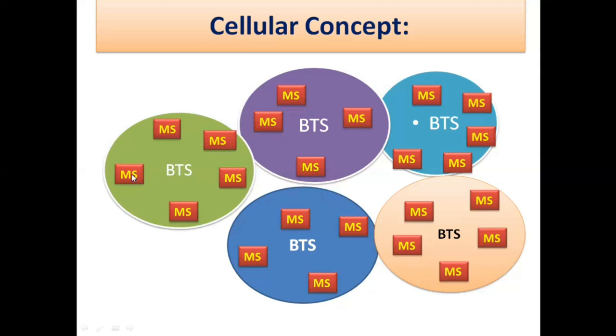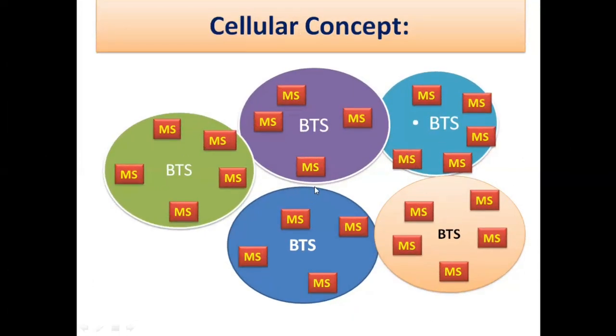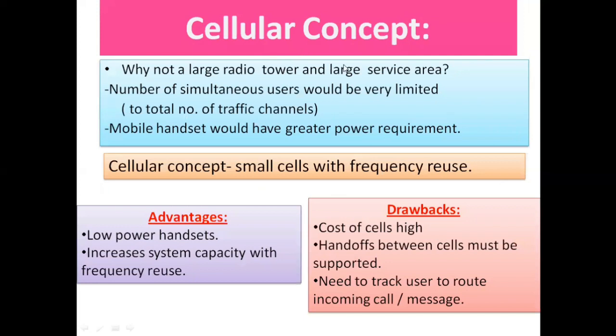Our mobile station is a small handheld device, where the power generated by the mobile station is very low. Since it is full duplex communication, even though I can transmit from the base station at high power, the MS cannot transmit at high power since it is a small handheld device. So to take care of this, we divide the whole area into small areas, and each base station can operate at different frequencies such that more users can be served.